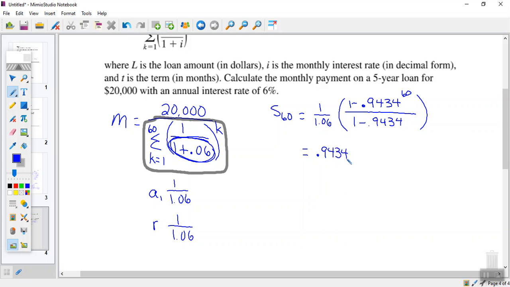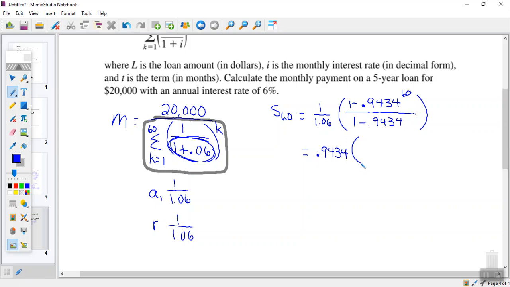Okay. Help me with the top. Somebody go 1 minus 0.9434 to the 60th power. I'm going to get my calculator out here too. 1 minus 0.9434 raised to the 60th.